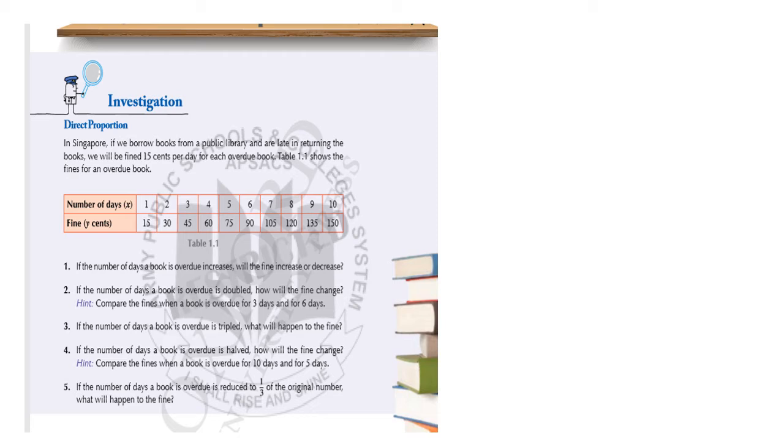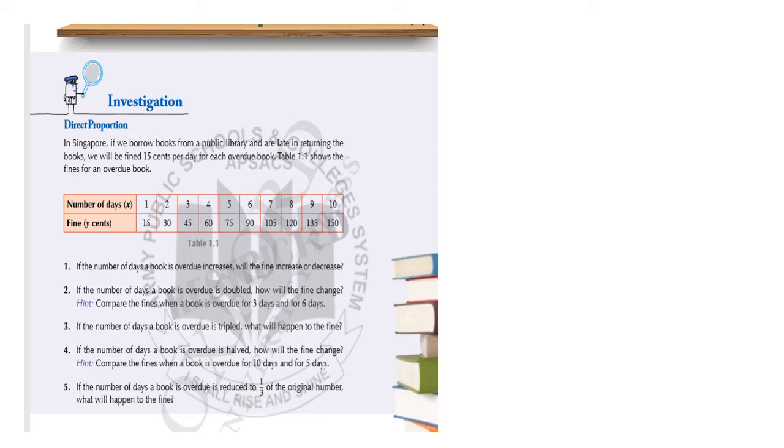The table is given, and in this table you can see that 1 day's fine is 15 cents, 2 days' fine is 30 cents, 3 days' fine is 45 cents, 4 days' fine is 60 cents, and as we proceed, the fine for 10 days overdue is 150 cents. So now there are some questions written.